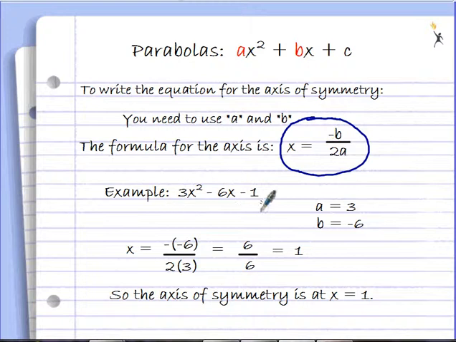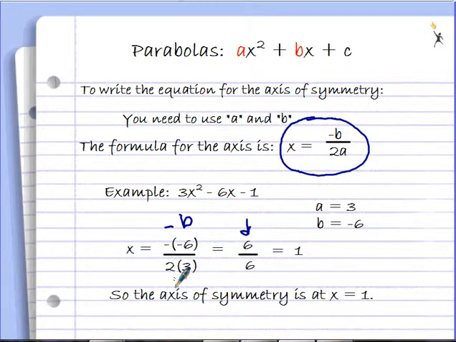So here I have my example of 3x squared minus 6x minus 1. a is the number in front of x squared, that's 3. b is the number in front of x, that's negative 6. When I put it into my formula, the opposite of b tells me to take the opposite of negative 6, which is positive 6.